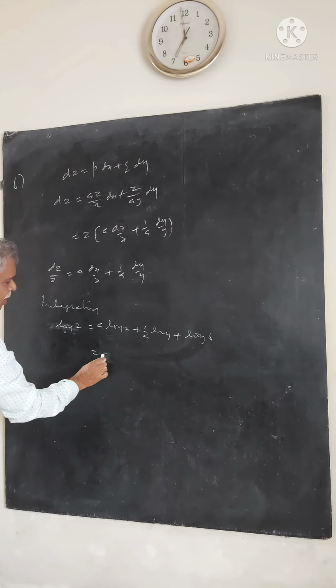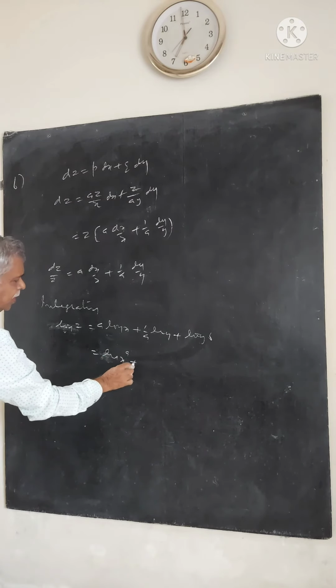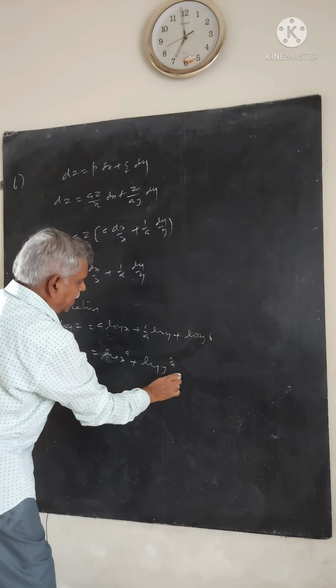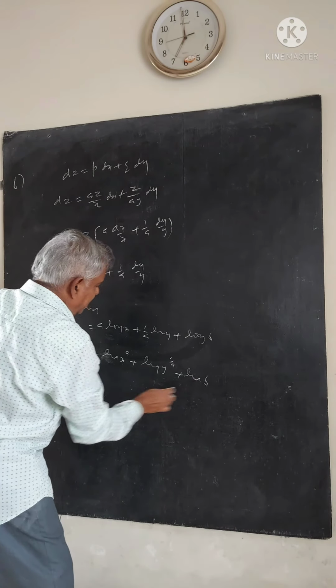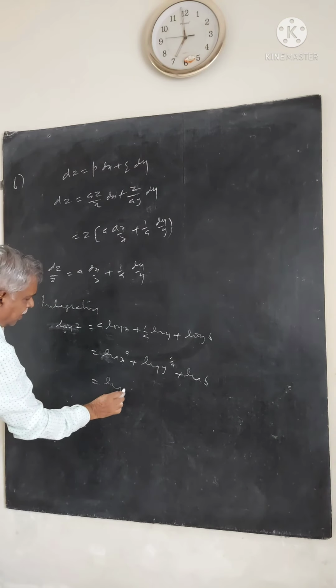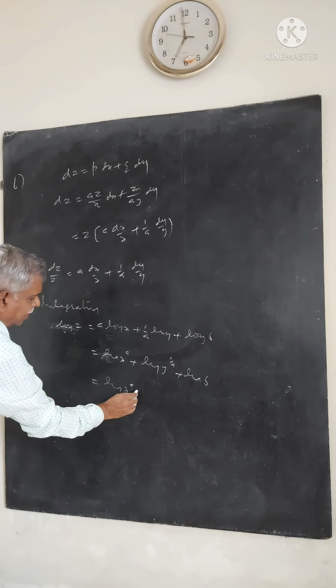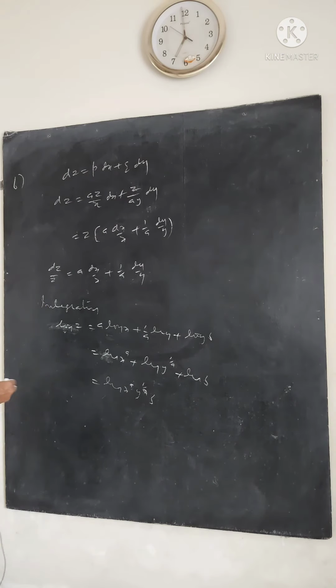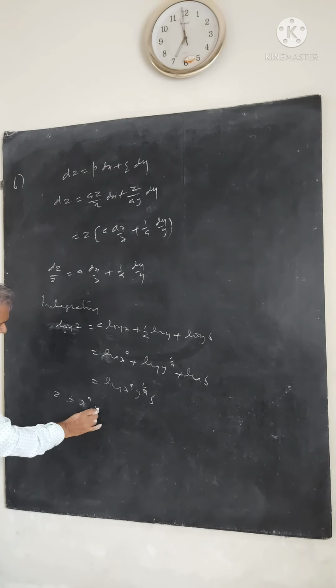That is log x power a, y power 1 by a, into b. Removing log on both sides, z equal to x power a, y power 1 by a, into b is the answer.